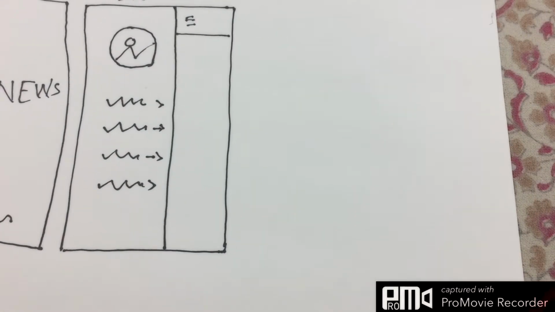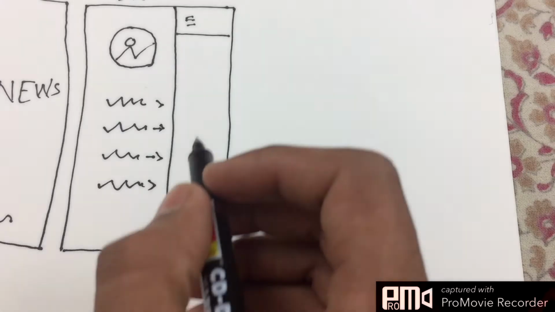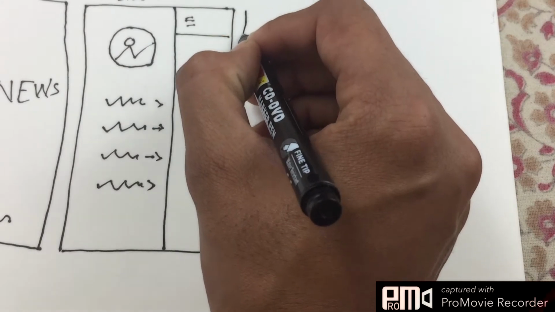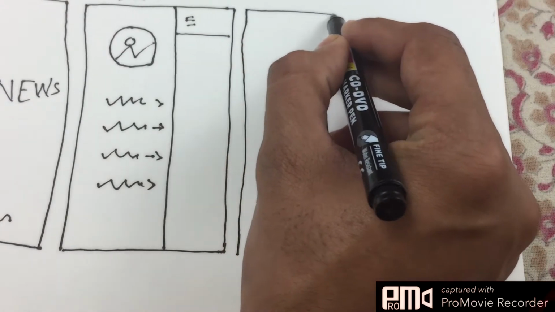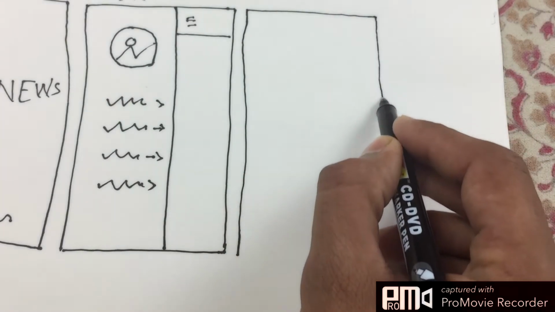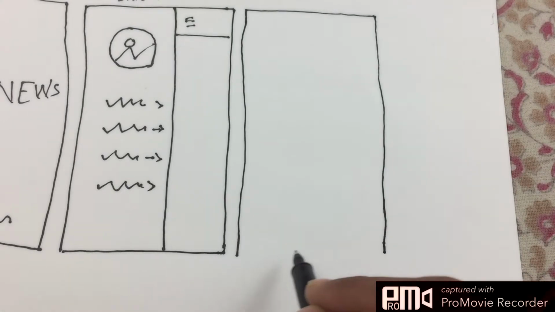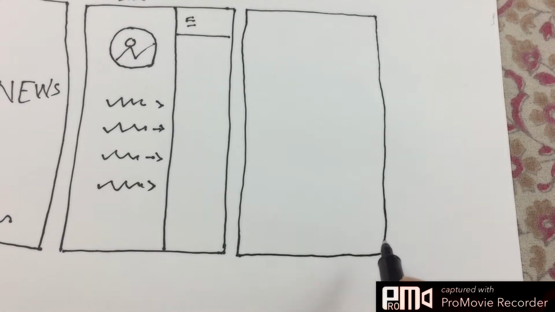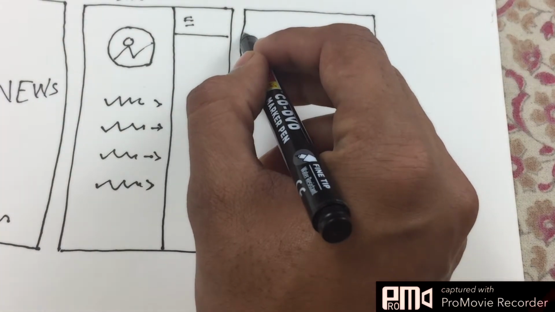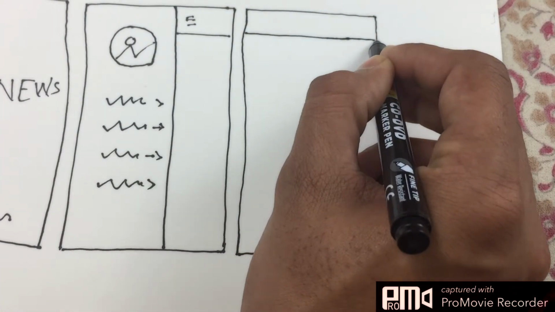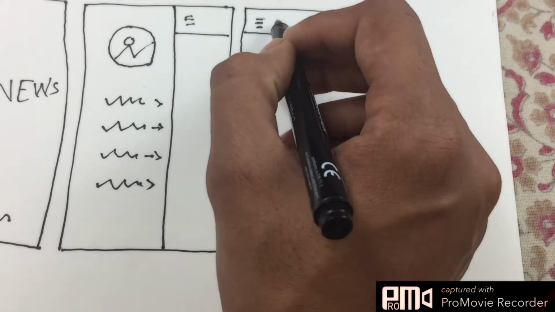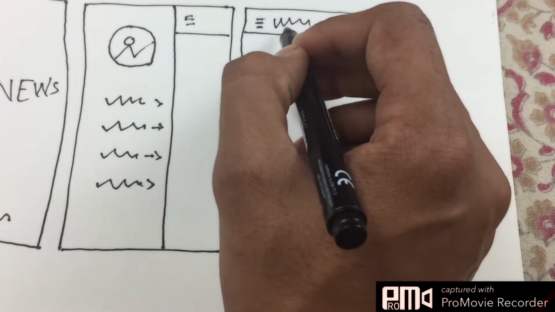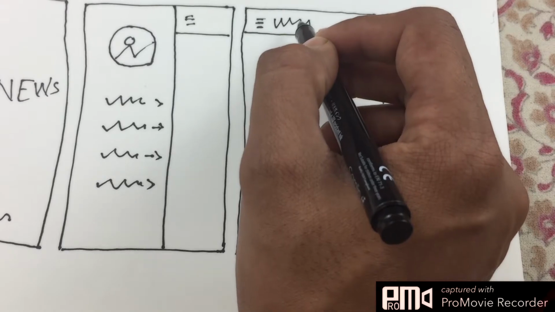Now once the side menu is done, I guess we're going to have our home page. Our home page will be something like this: we will have the header, and we will have the side menu opening option, and the name of our tab, probably Home.